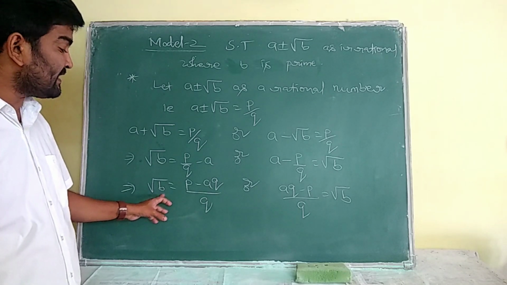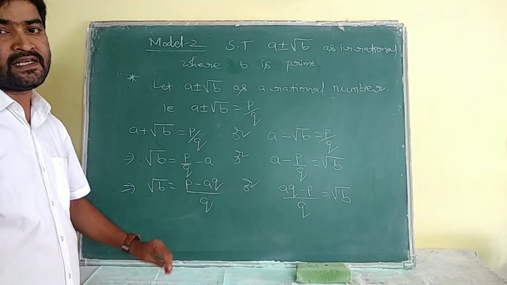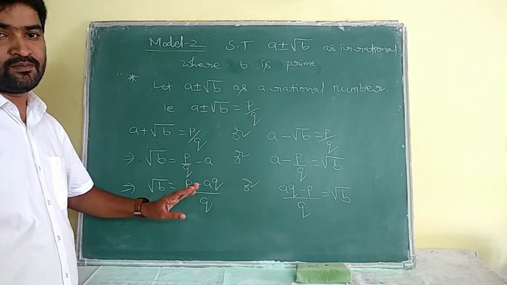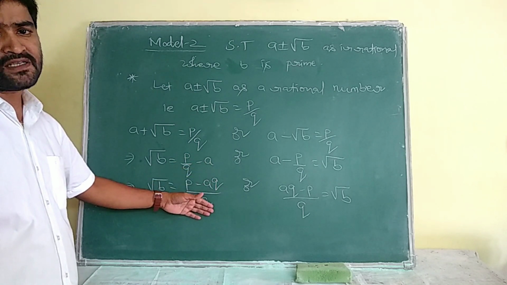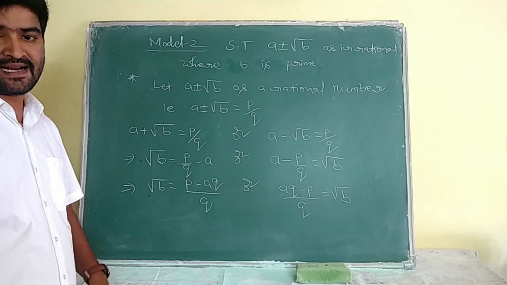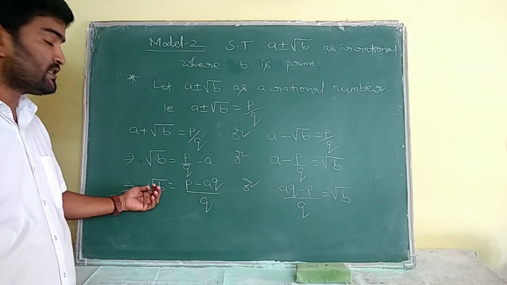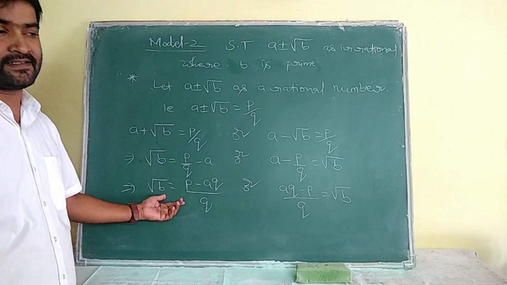But this irrational number is obtained as some x by y, that is a rational number. X by y means that is in the form of a fraction. That is why this root b is going to be a rational number. But we know this root b is irrational. That's why here we obtained a contradiction.